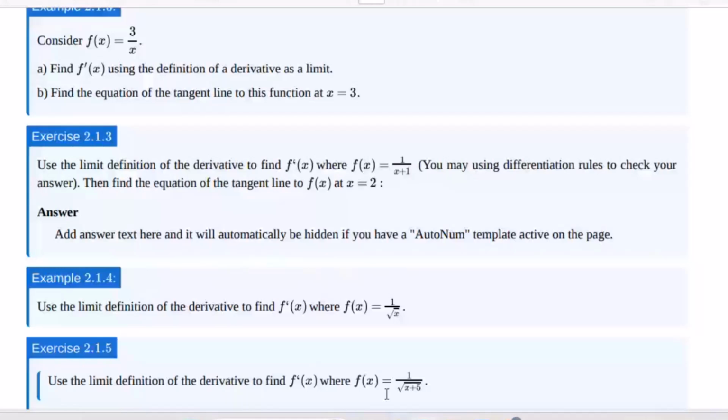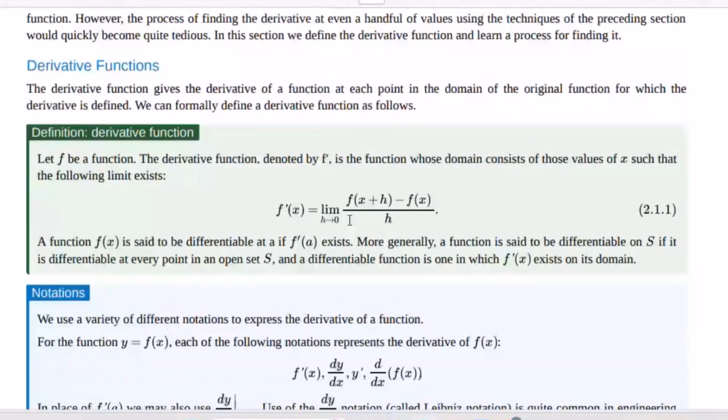Okay. Now, let's go to our definition. Do we agree? Now, we will have f prime of x is equal to the limit as h approaches 0 of f of x plus h.